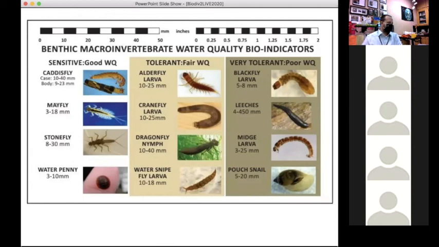If you've got things like leeches and black flies, the water is trash. If you've got stoneflies and mayflies, which are more complex organisms, then the water is biodiverse and much healthier. So a very fast way, if you can identify a few bugs, to know if the water is healthy or not.